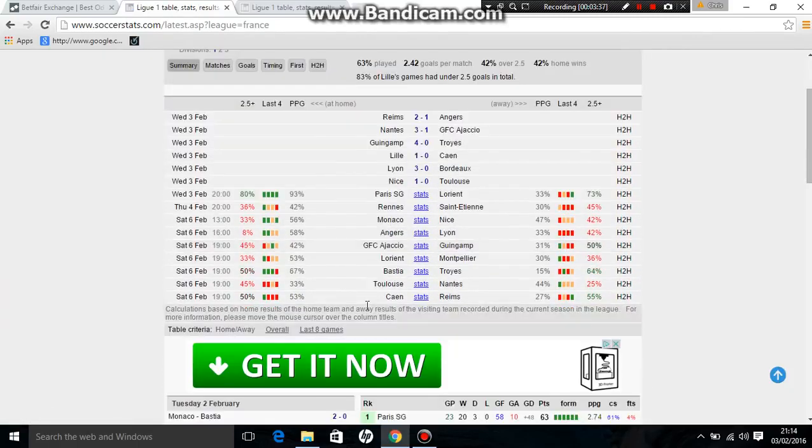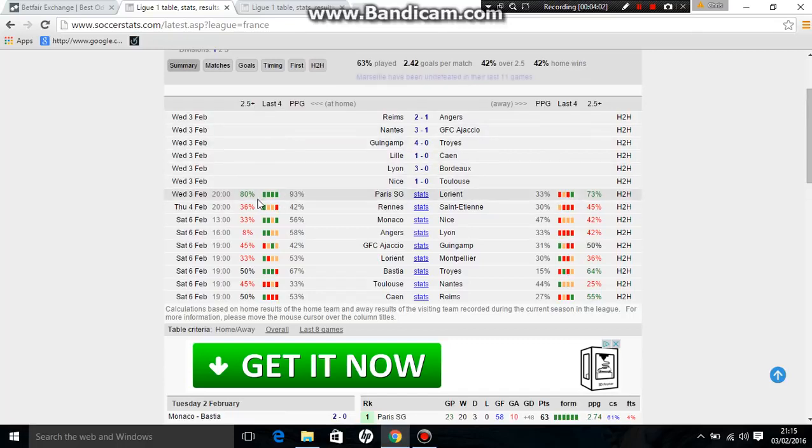Now these are our games. This is for Wednesday, Thursday and all Saturday. Now there's one game here that stands out like a sore thumb for stats, especially on the 2.5, which is the one we're interested in, and that is this very first game, Paris Saint-Germain against Lorient.